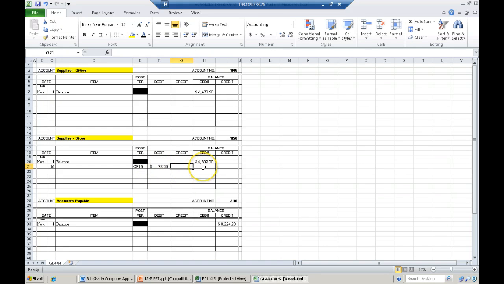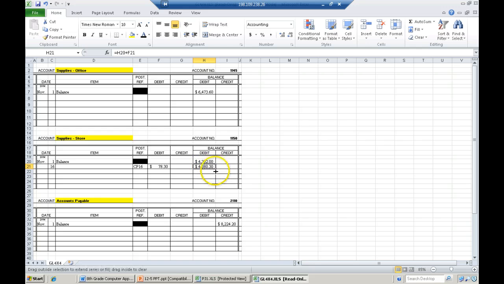Now, what we can do, again, as a formula to automatically add this so we don't have to put anything in here, is if we put equals, this plus sign, which is shift plus sign, click that cell, so you have H20 plus F21, you hit enter, and it adds it up automatically for you.